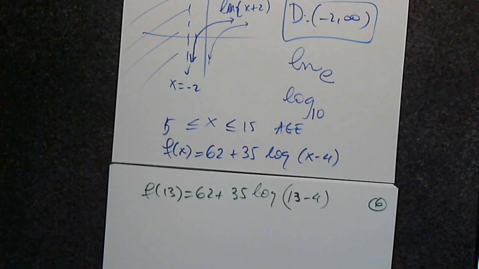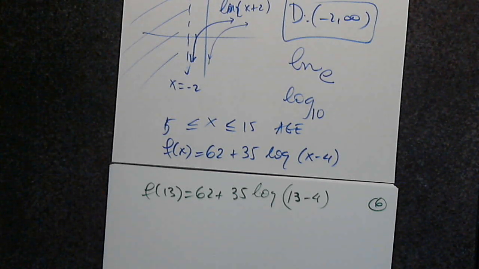Percentage, yes. So now let's calculate, because we can do this by hand. 62 plus 35 log, in parentheses, of course, 13 minus 4, you don't have to do that, or you can just put 9. Okay, and press enter.